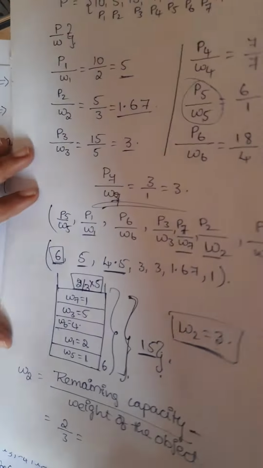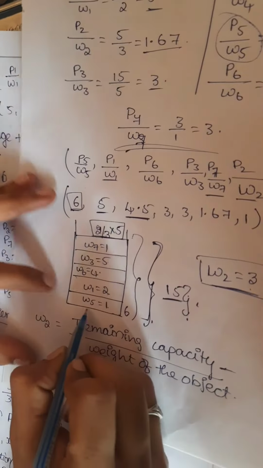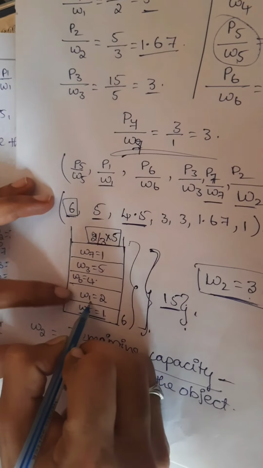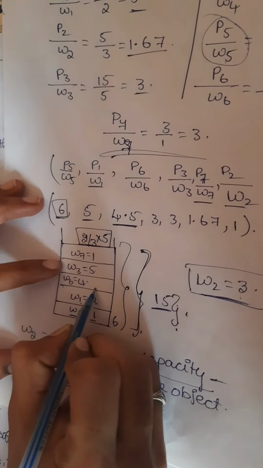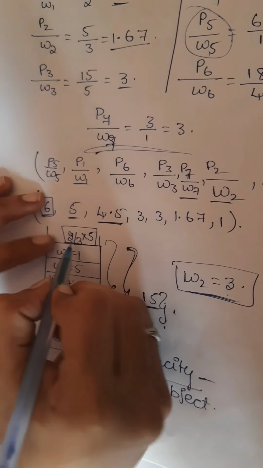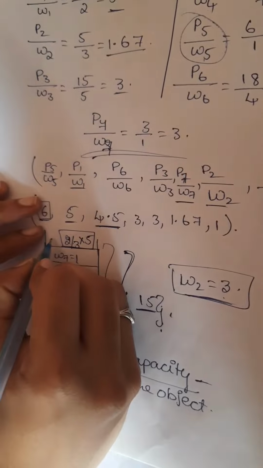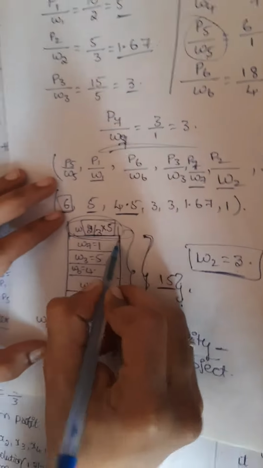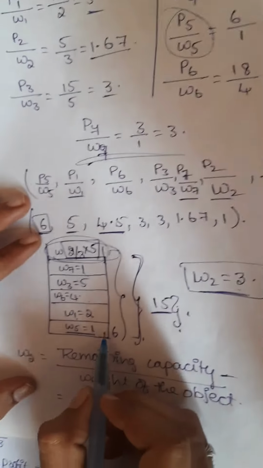Here we have filled weight 1 fully, weight 5 fully, weight 1 fully, weight 6 full, weight 3 full, weight 7 full, but in this weight we did not fill completely. That's why we have to calculate.